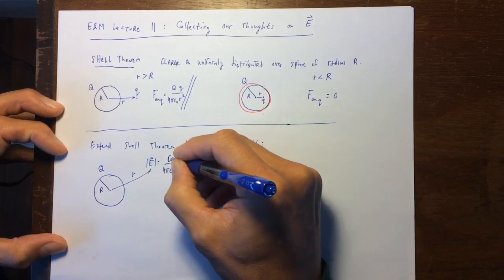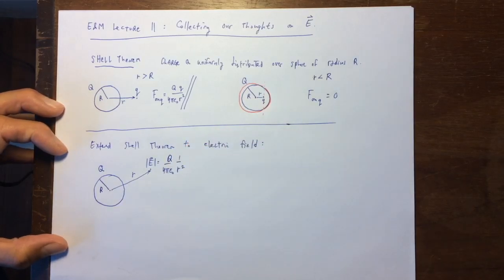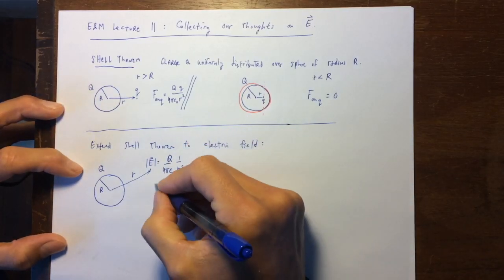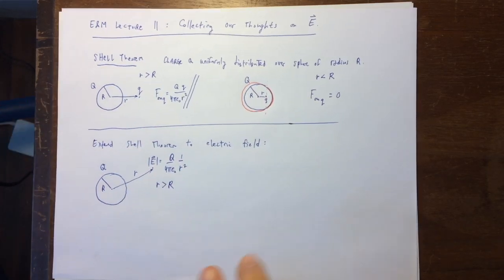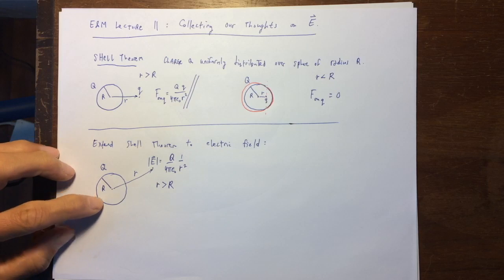And actually, we need to know the charge capital Q. So that is when r is bigger than the shell's radius.